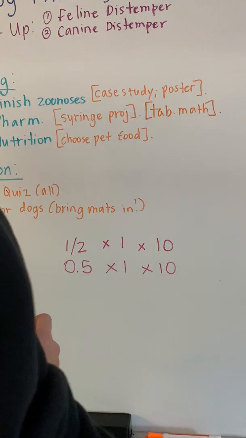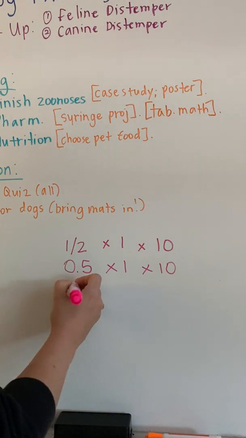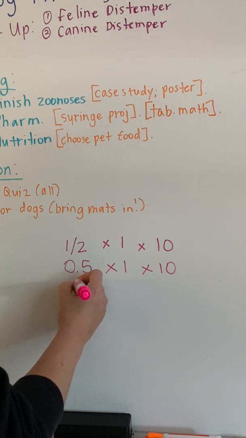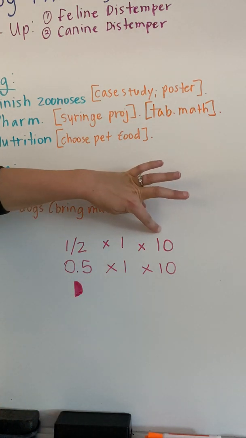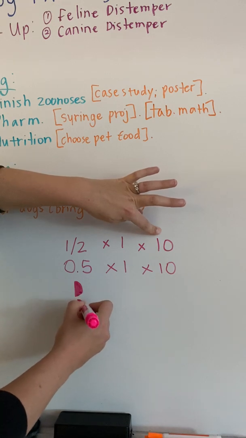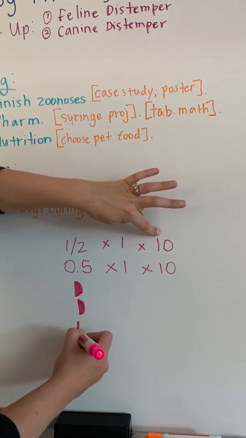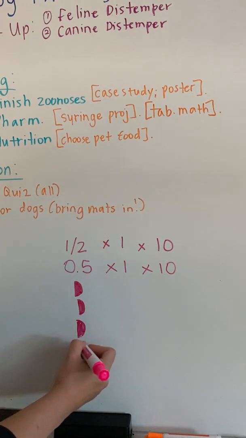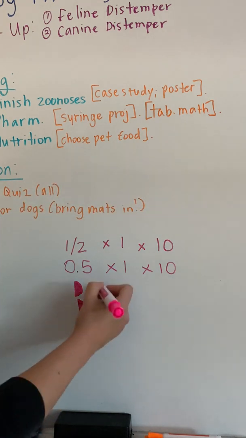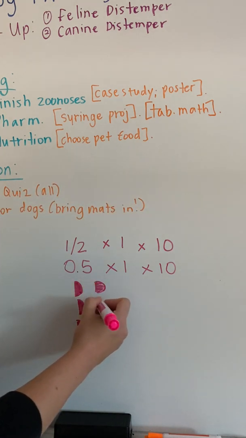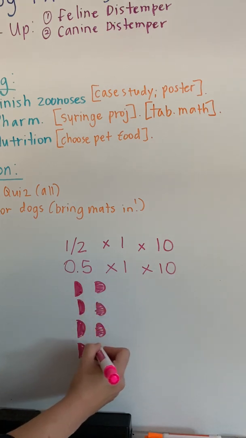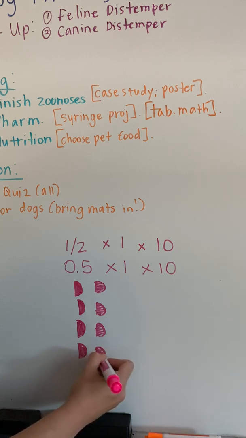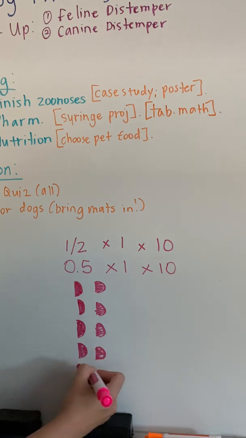All right. So if I had half a tablet, so that would be 1 day, right? Another half of a tablet, another day, another half of a tablet, 3, 4, 5, 6, 7, 8, 9, 10, right?